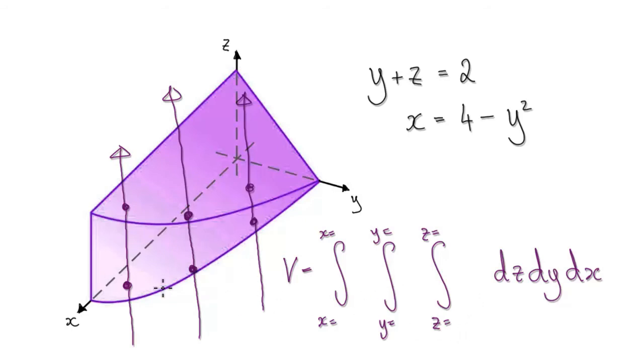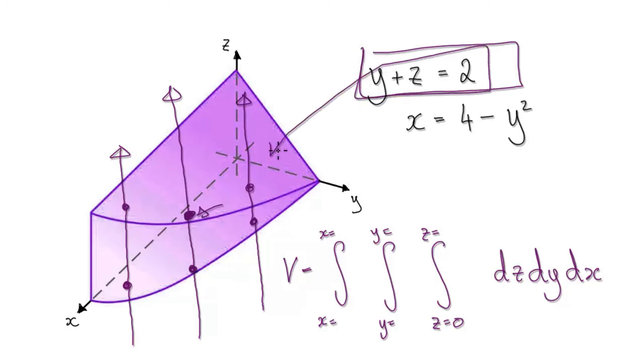When you set this up, you enter the horizontal plane. The z value here will be z equals 0, and then you leave this bit here. What is the z value right there? Don't forget, this plane here is this plane here. So the z value there will be 2 minus y.